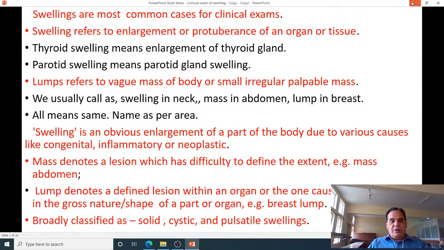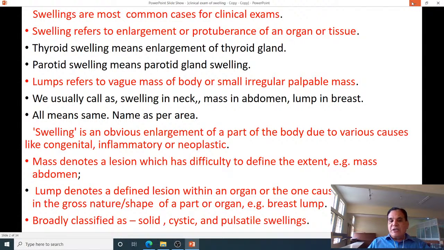And the lump. Lump refers to a vague mass of the body, a small irregular palpable mass. Lump refers to a mass of the body. Also it means a palpable mass. In fact, there is no clear-cut differentiation. But for convenience, the name is given to different organs.